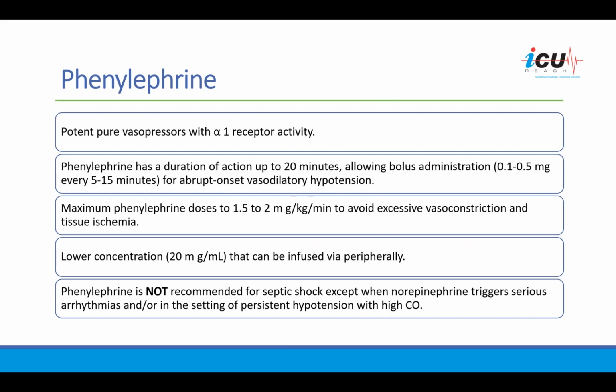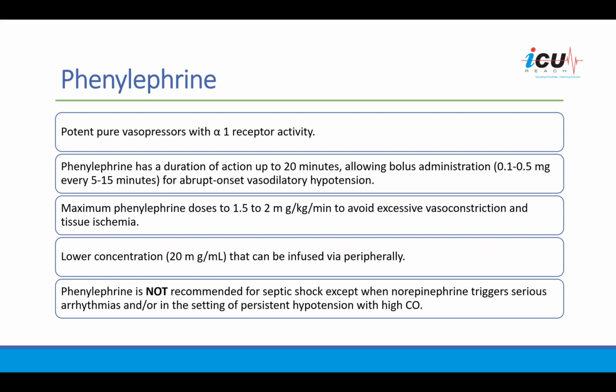Phenylephrine is a potent pure vasopressor, and it stimulates alpha-1 receptors. Phenylephrine has a duration of action up to 20 minutes. Therefore, we can utilize the agent as a bolus administration in patients with abrupt onset of vasodilatory hypotension, such as after RSI with intubation.